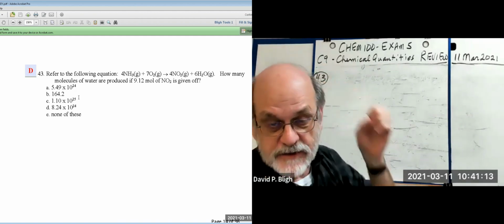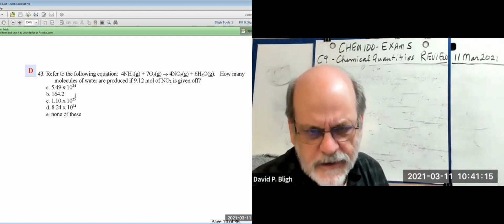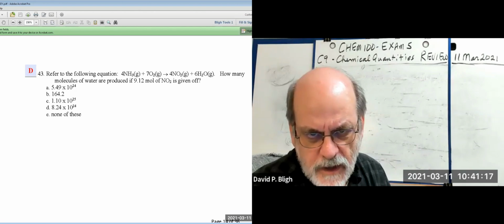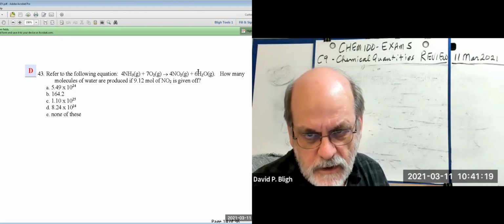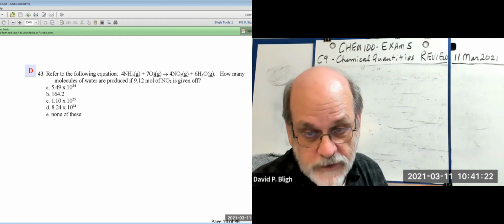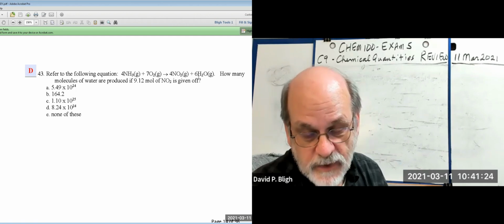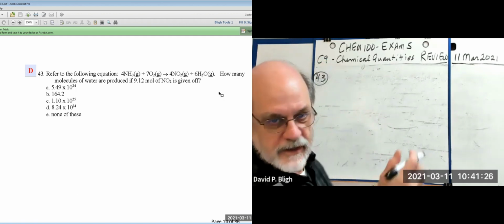Based upon this balanced equation, we can check ourselves. See, 4 nitrogens, yep. 12 hydrogens, 14 oxygens, that's 8 plus 6 is 14. It's balanced.